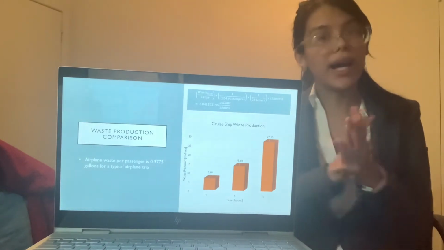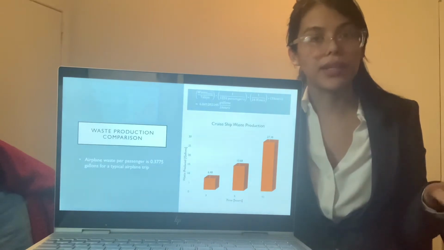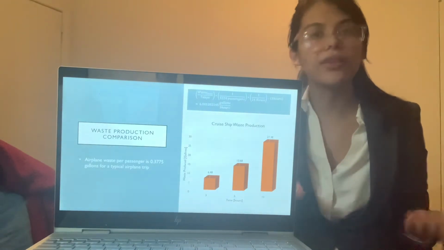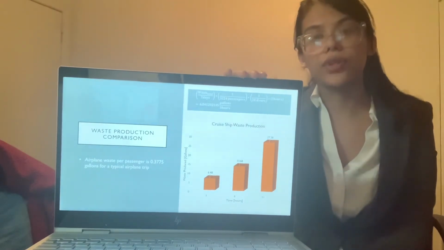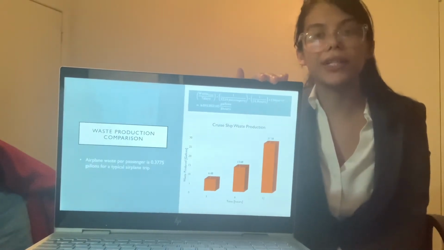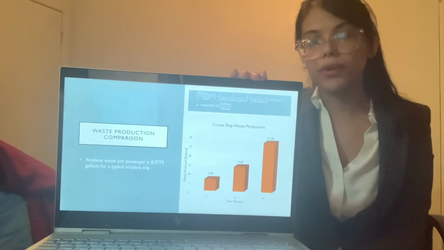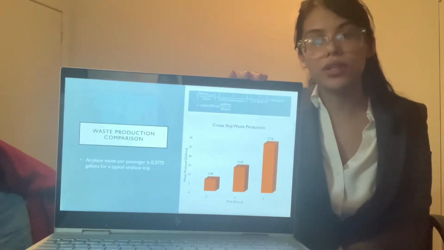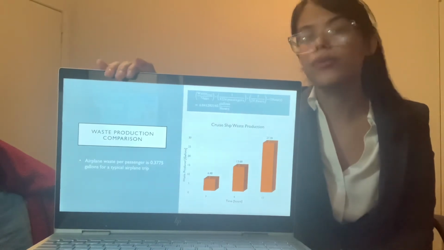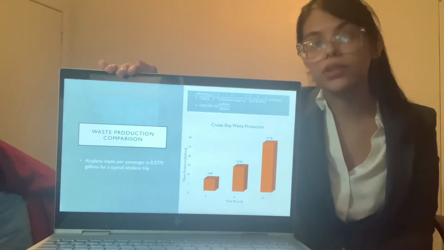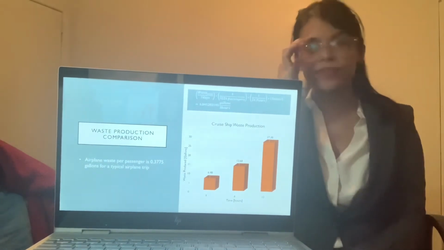I also looked up different average length flights, and they can range from 3 to 12 hours. So I gave the numbers here for cruise ships for those times, but you can still see that the amount of waste produced per passenger for 3, 6, and 12 hours is still greater than the amount of waste produced on airlines per passenger.